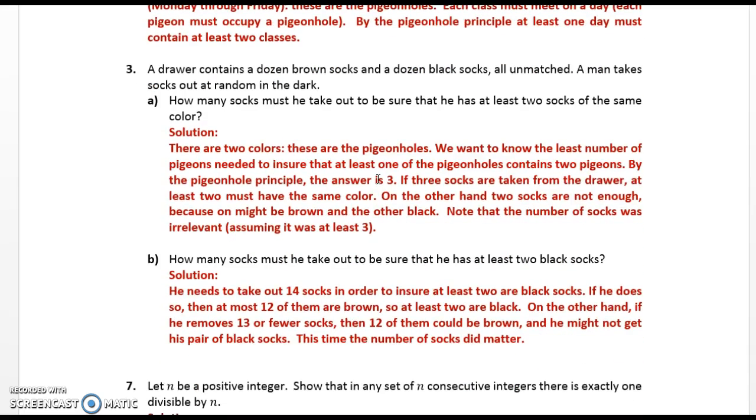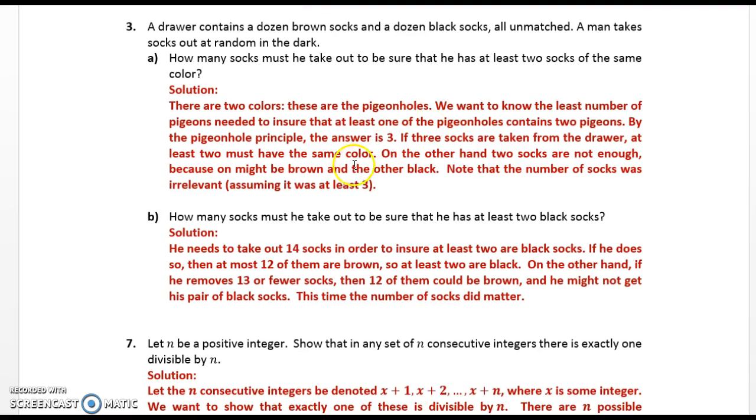3. A drawer contains a dozen brown socks and a dozen black socks, all unmatched. A man takes socks out at random in the dark. How many socks must he take out to be sure that there are at least 2 socks of the same color? Solution: there are 2 colors. These are the pigeonholes.